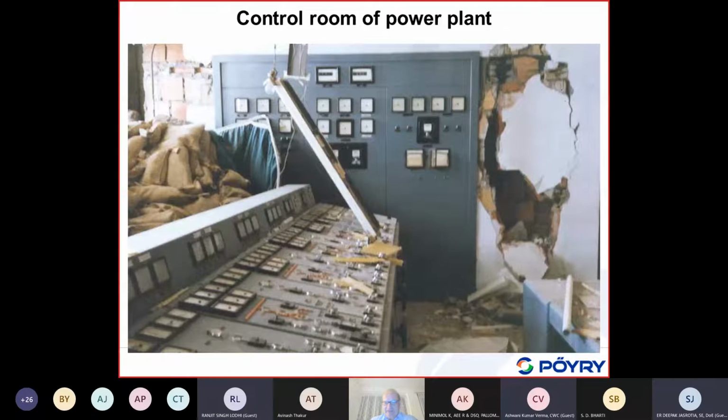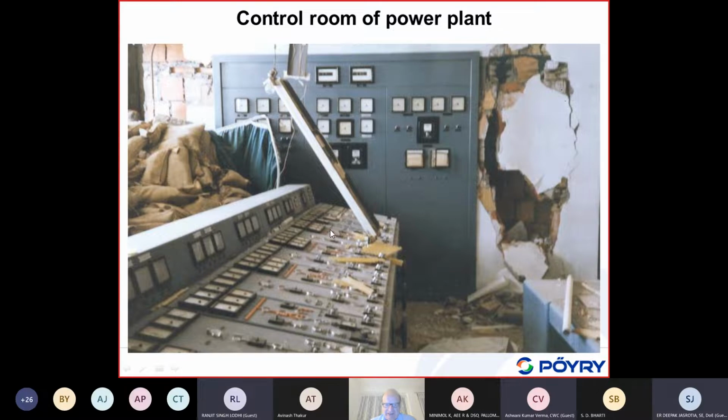Okay, this is inside the powerhouse. I've also shown that a couple of times. But it shows that you also have to take care in the buildings of the control center, the control room. These infill walls, you know, just disintegrated. You have some light falling on some panels.